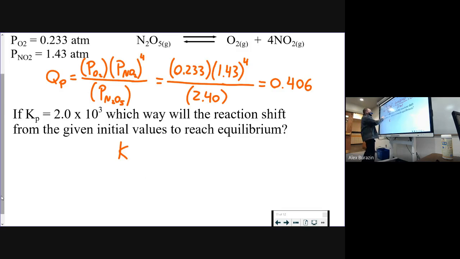K, in this case, is greater than Q. This is like 2,000, right? That's 0.4. So Q currently is smaller than K, or K is bigger than Q, however you want to say that. Meaning, we need more products. We're going to have to shift to the right.